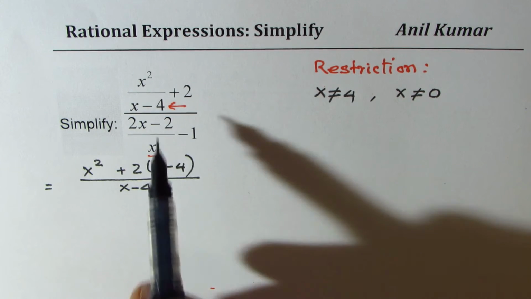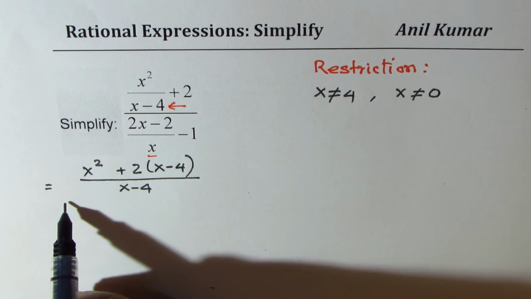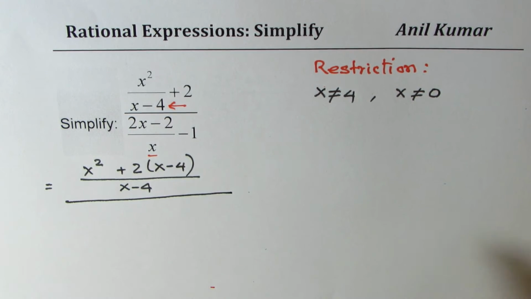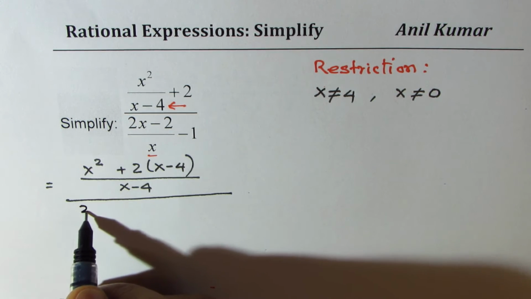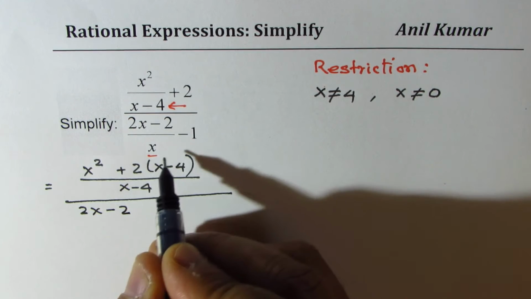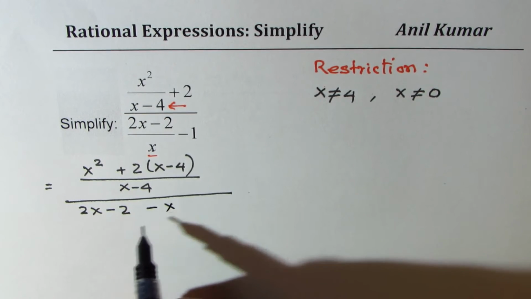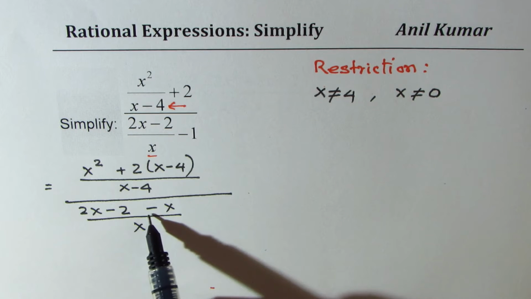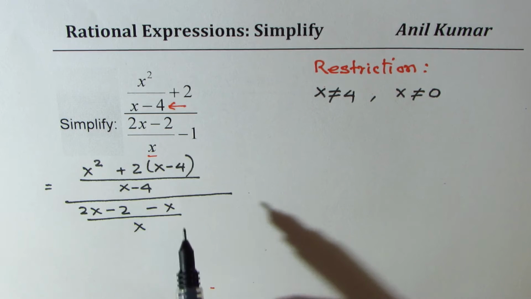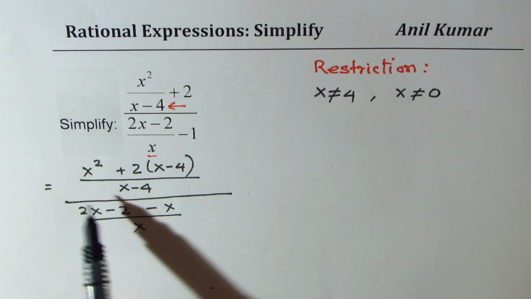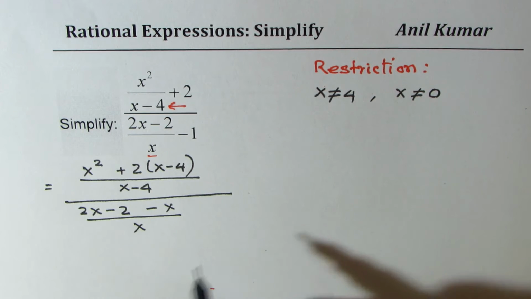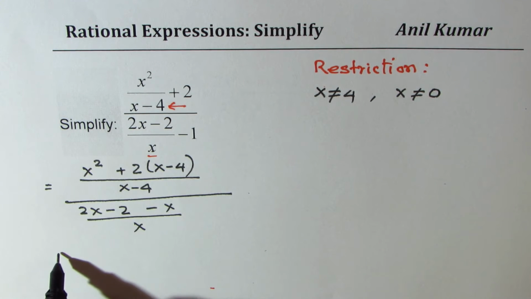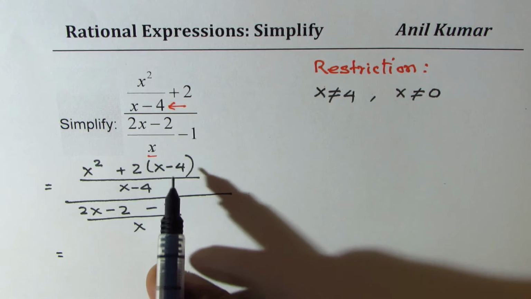Now, in the denominator we have this term. So let's do the denominator part. So we have 2x minus 2 minus x divided by x, correct? Division and multiplication are reciprocal, so it's a good idea to simplify and also flip it, right? So let me rewrite here first after flipping.